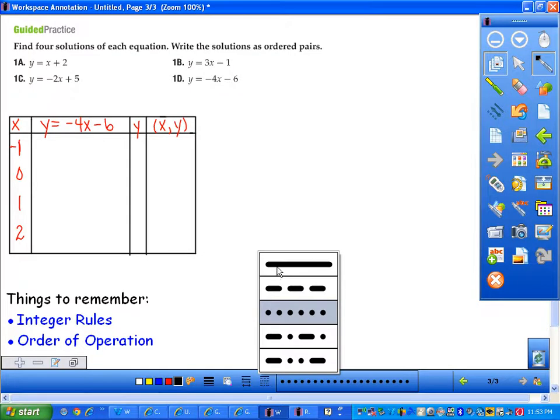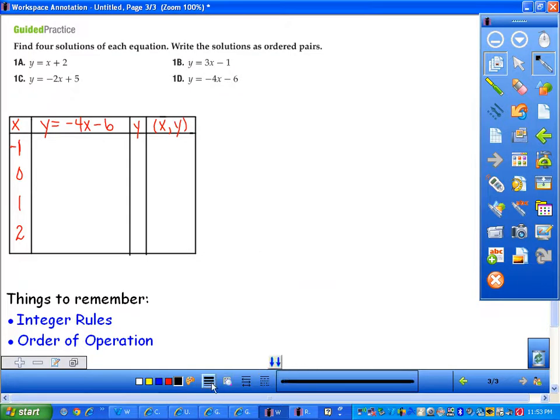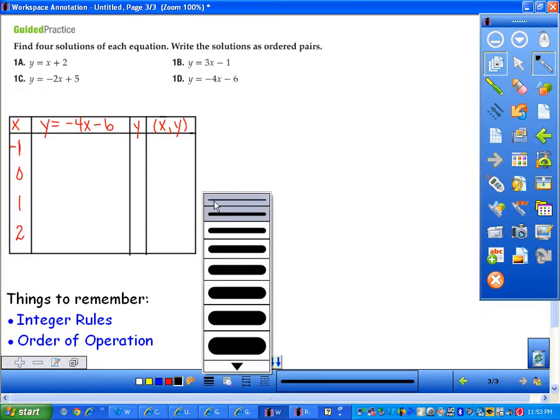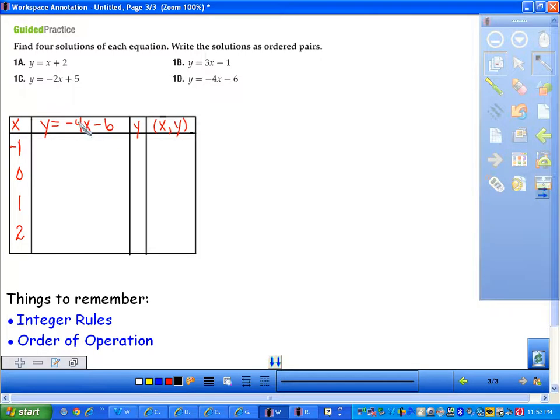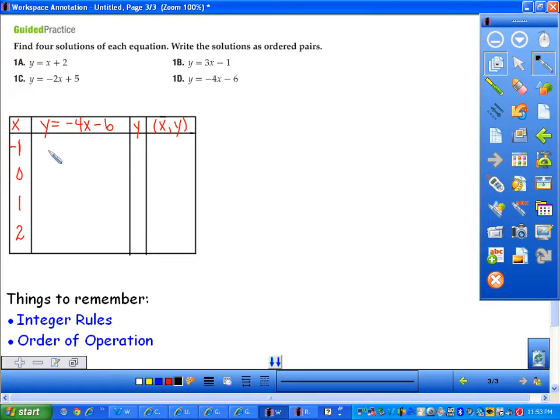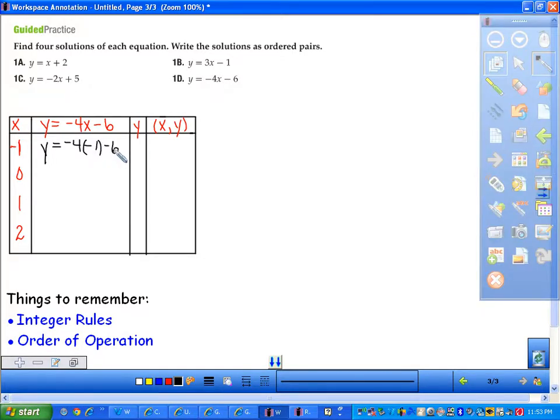Then I set up my table where I can plug in for x, okay? So every time I work the equation, I'm replacing x with what's in the x column, negative 4 times negative 1 minus 6. Now I told you to recall your integer rules. I'm going to come over here and do scratch work.